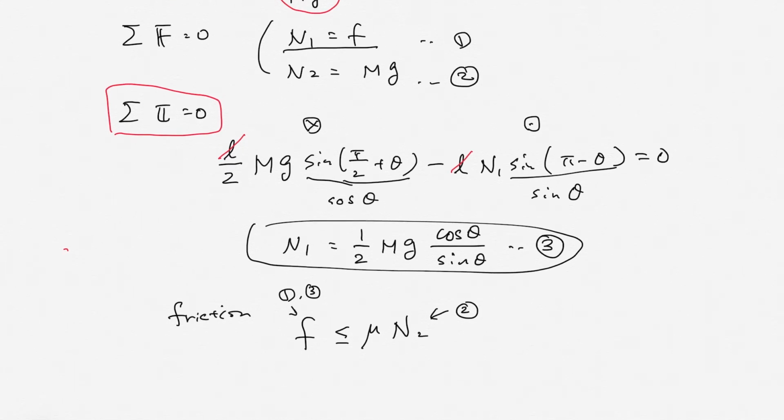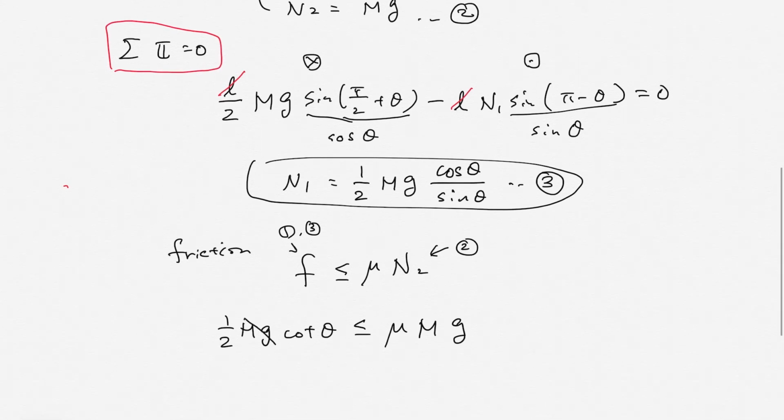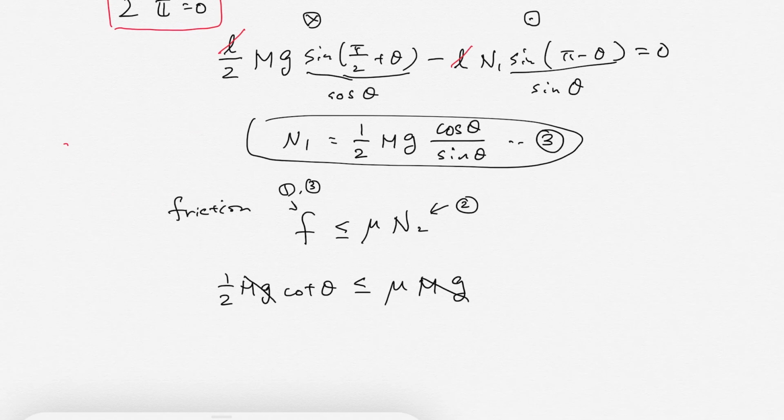This equation is 1 over 2 mg cotangent theta is mu times mg. Then mg is going to cancel out. From these equations, mu is larger than or equal to 1 over 2 cotangent theta.